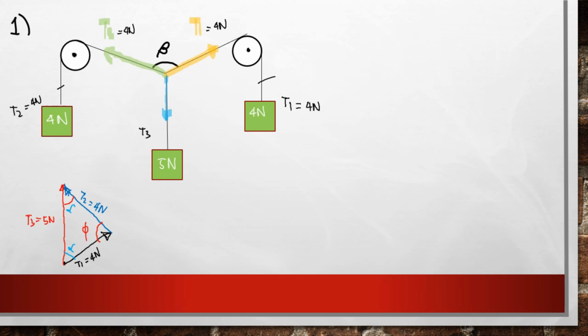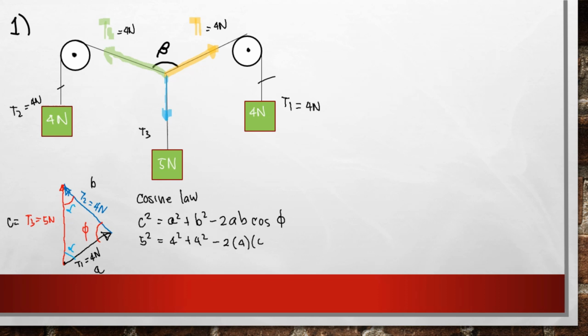We apply cosine law, and let us call this as our C. This is our A, and this is our B. We say C squared is equal to A squared plus B squared minus 2AB cosine of C. Therefore, if we try to evaluate this, we will have here 5 squared is equal to 4 squared plus 4 squared minus 2 times 4 times 4 cosine of phi.